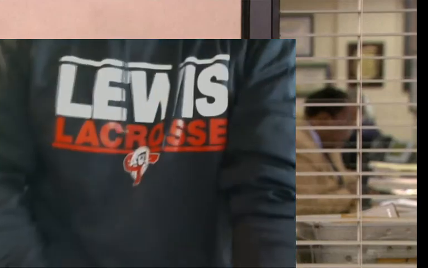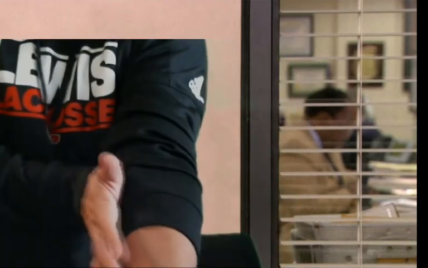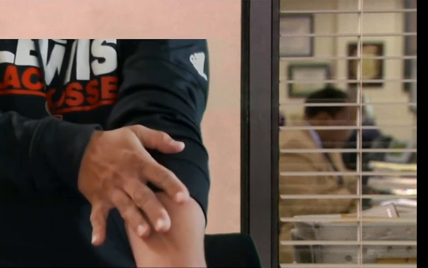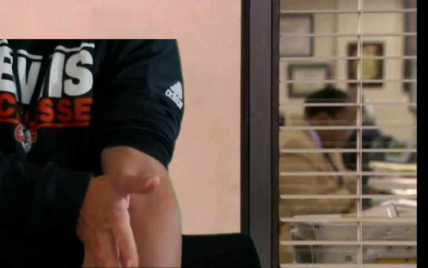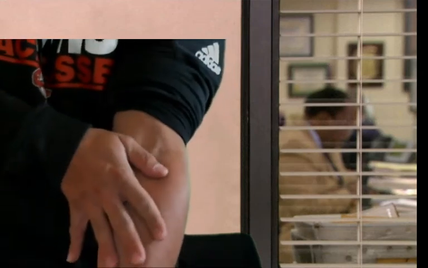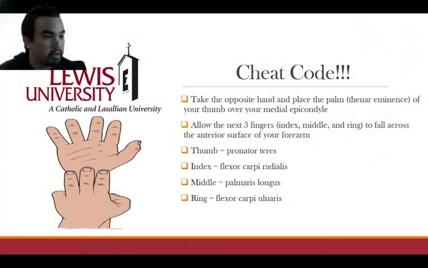So you take your arm out, take it here and lay it across like that is what we're talking about here. So you lay it across just like this. And let me transition back for you guys.